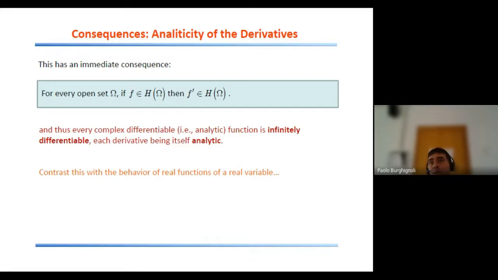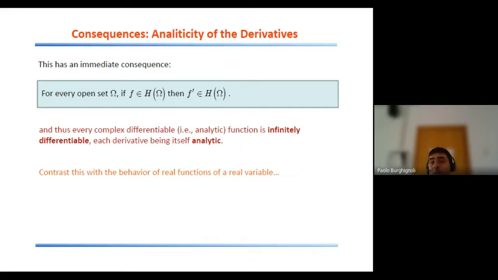This is an exceptional result if you compare this with what happens with real functions of a real variable. It is very easy to conceive a function which is differentiable, but is not twice differentiable. You can imagine as many examples as you wish.